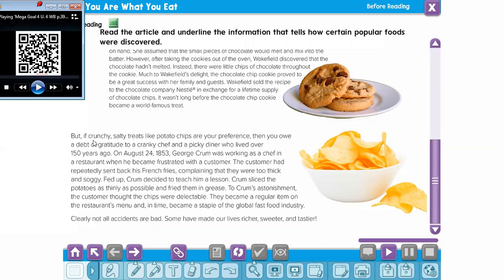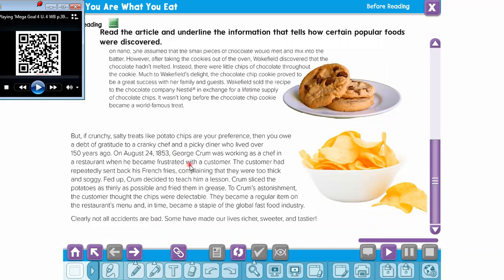If crunchy, salty treats like potato chips are your preference, then you owe a debt of gratitude to a cranky chef and a picky diner who lived over 150 years ago. On August 24th, 1853, George Crumb was working as a chef in a restaurant when he became frustrated with a customer.